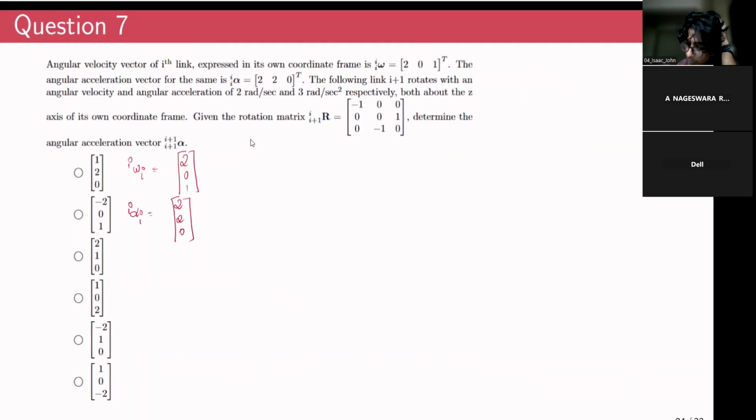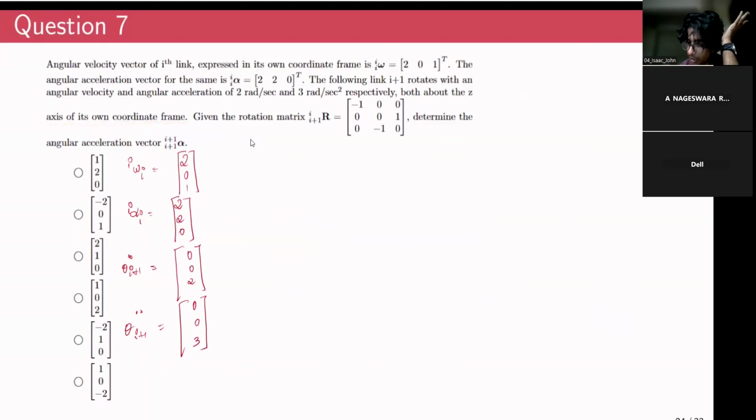The following link I plus 1 rotates with an angular velocity and angular acceleration of 2 radians per second and 3 radians per second square. So theta I plus 1 dot would be 0, 0, 2, and theta I plus 1 double dot would be 0, 0, 3. Both about the z-axis of its own coordinate frame.